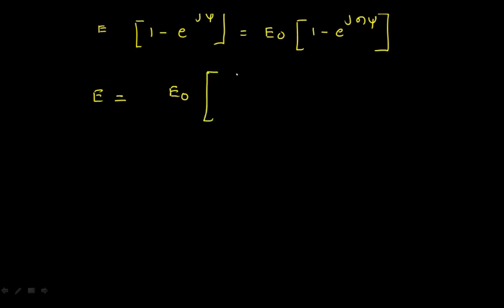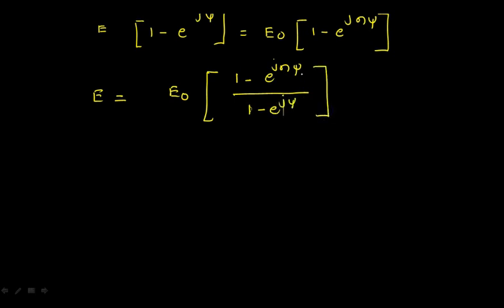E1 minus e raised to j psi is equal to e0 (1 minus e raised to n psi). If I'm interested in the total electric field, I'll just put that term: e0 (1 minus e raised to j n psi) divided by (1 minus e raised to j psi).